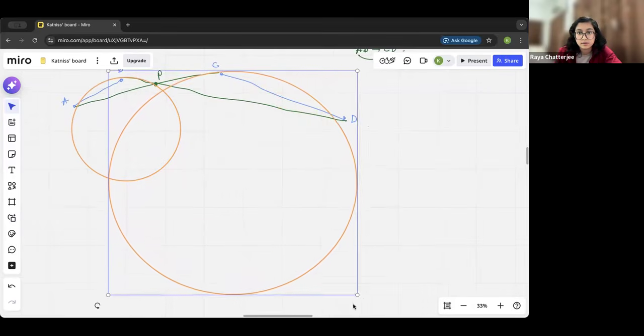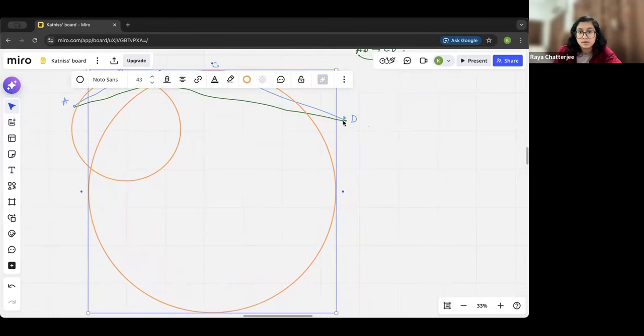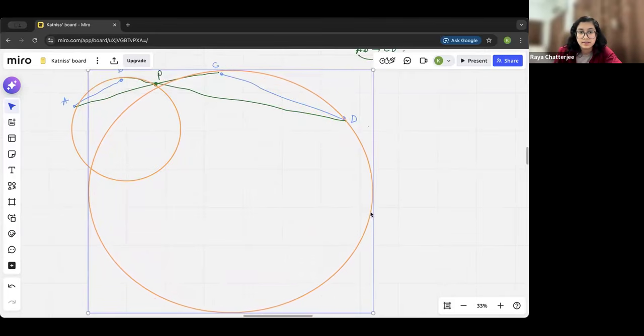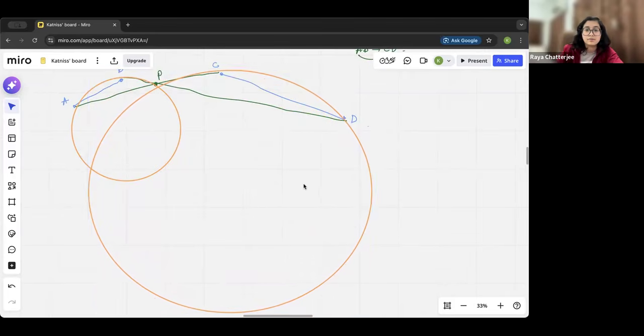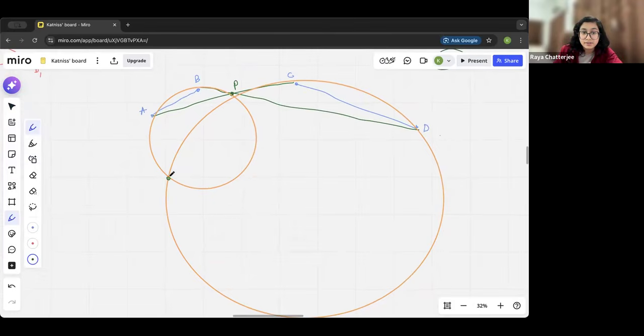Okay, this is weird. I'll just make it an ellipse, don't mind, just to fit in this. So anyway, if you take the intersection of these two circles and call this point X, I guess.